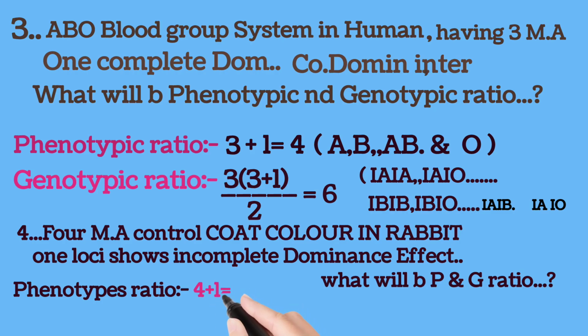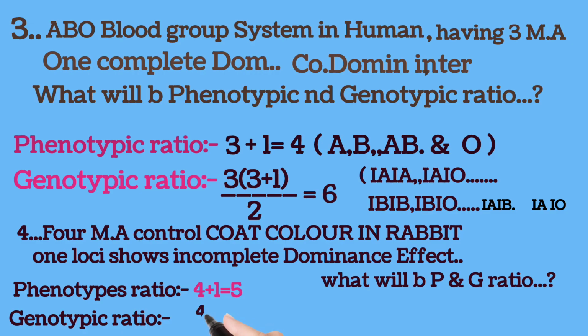The value of N is 4. One gene interaction is present. 5 phenotypes in total. Here we can write agouti, chinchilla, Himalayan, albino and light grey. Now what will be the genotypic ratio? You know the formula N into N plus 1 divided by 2. Here N is 4, 4 into 4 plus 1 divided by 2. As we already know, in coat color of rabbit, total genotypes that arise are 10.